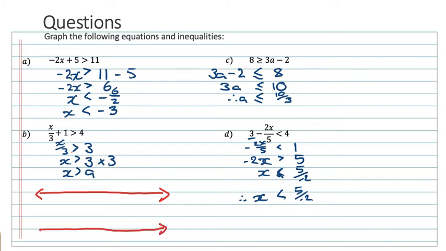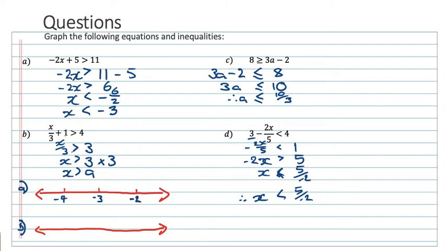Here's the other one. So for A and B, x is negative 3, so we'll say negative 3 is here. This will be negative 2. This is negative 4.